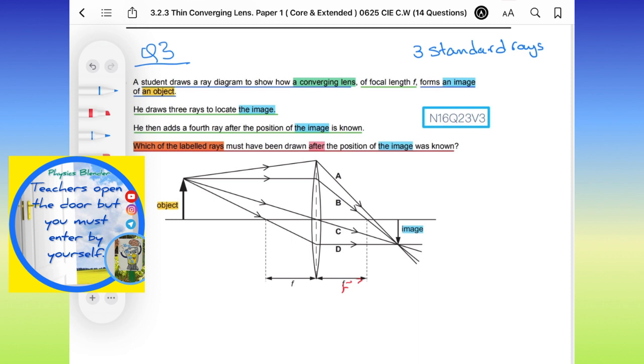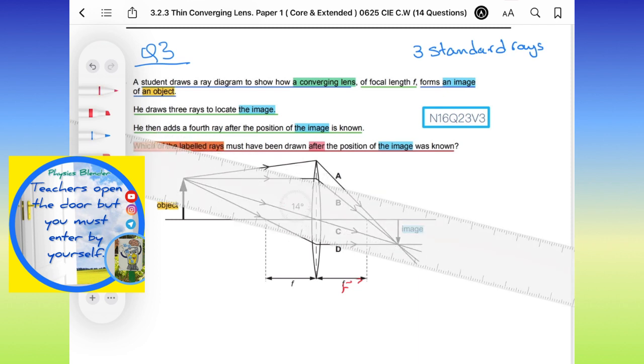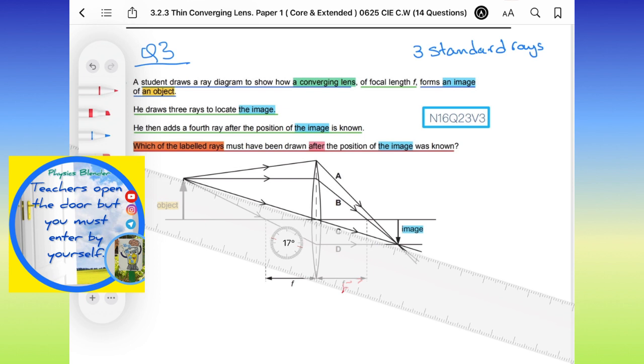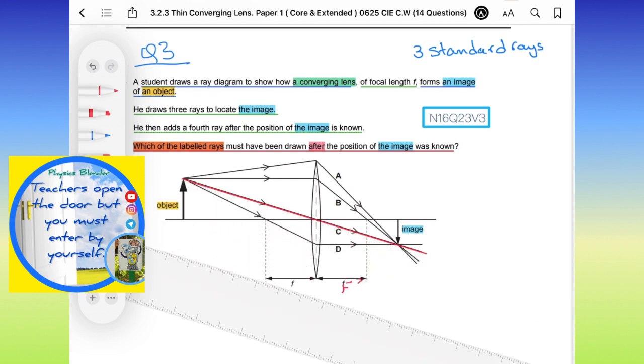But we have 3 main standard rays you have to follow. The first ray is the one we already drew in the previous question, the one passing through the optical center undeviated, this one. Okay, so I call this ray number 2.